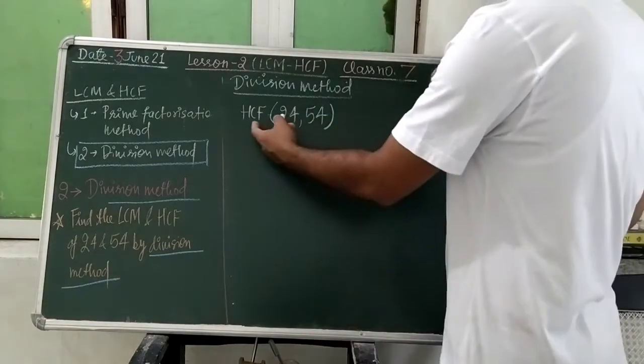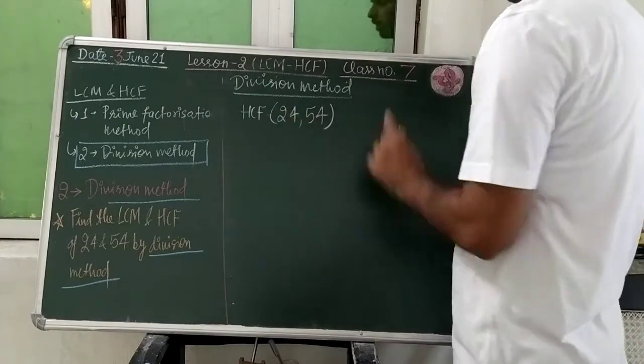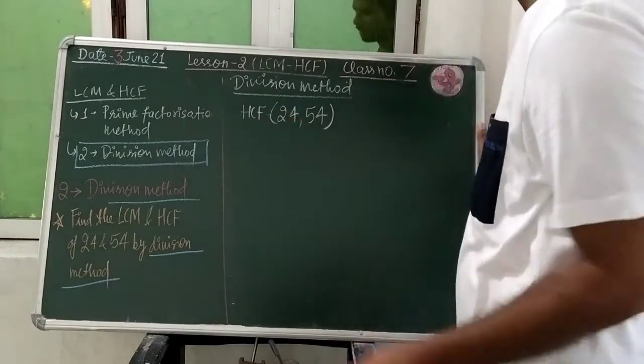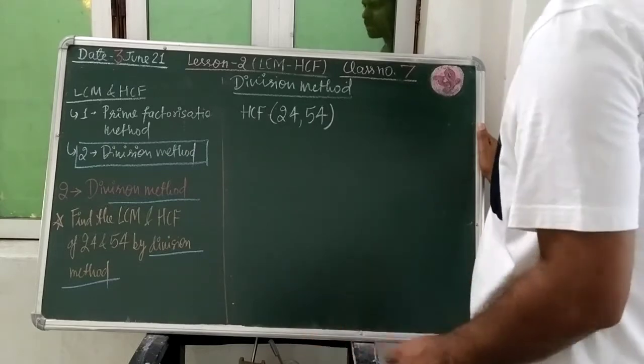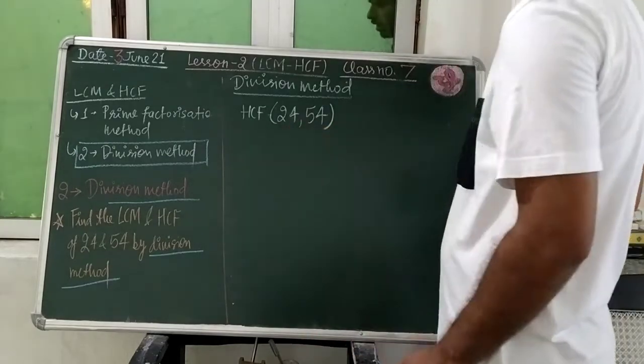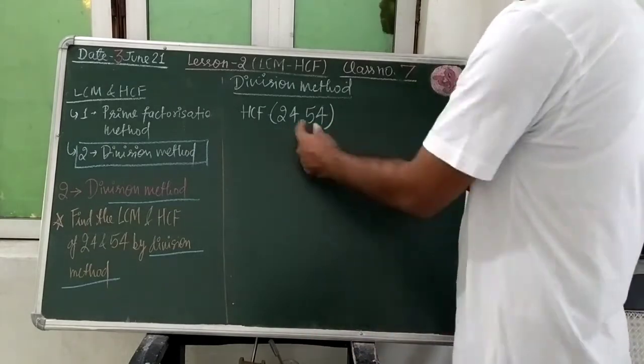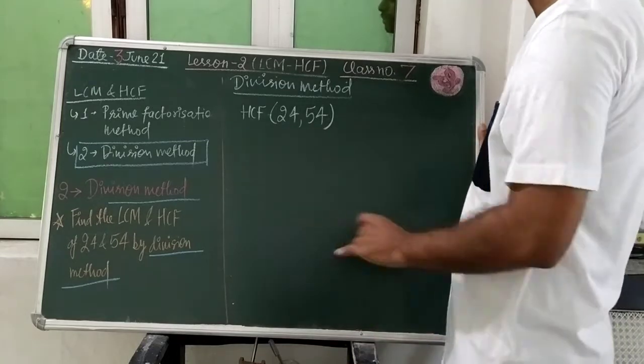We want to know the SCF of the numbers by the division method, and the numbers are 24 and 54. Look, students, now we will consider that there are two brothers. Numbers we can say in terms of brothers.